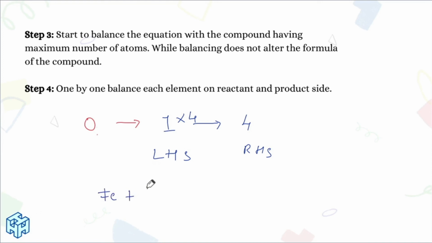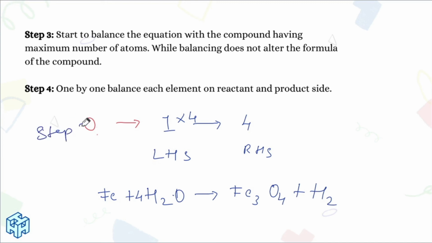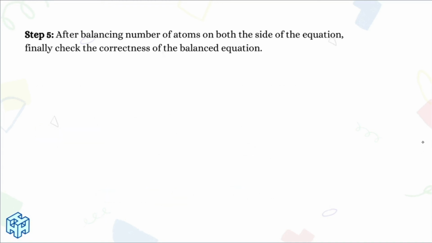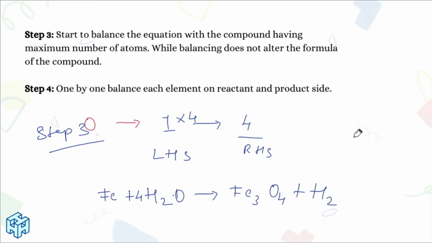Fe plus H2O. We are multiplying by 4. Now we get Fe3O4 plus H2. Did we balance? Step 3 is done. Yes. What is the next element we have?